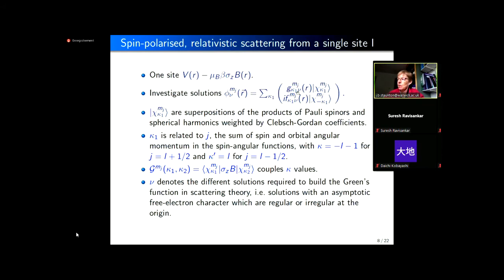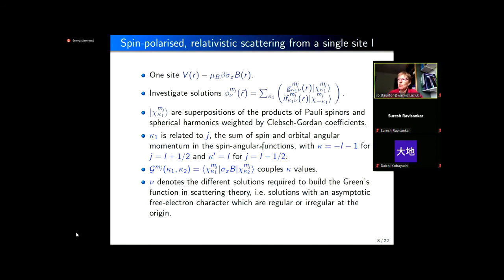Now, we've chosen this way of developing the solutions because these spin angular functions are eigenfunctions of the spin-orbit coupling interaction. So it's that part that you would expect to see coming in the Dirac equation. These are already eigenfunctions of that operator.